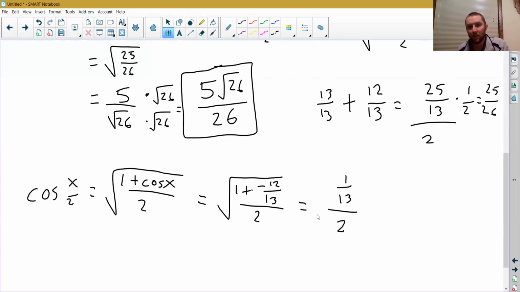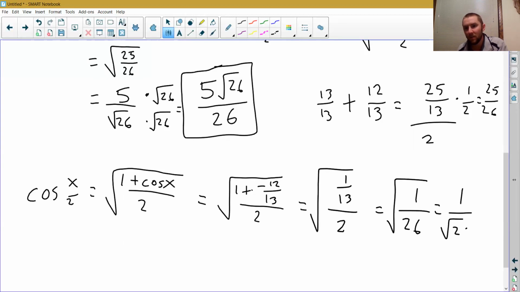When I divide that by 2, I get 1 over 26. That's under a square root. I can take the square root of the top and the bottom, because the square root of 1 is 1 and the square root of 26 just stays that way. And then I can rationalize the denominator and I end up with radical 26 over 26. There's no 5 in front. The 1 could be multiplied in front, but it's not necessary.